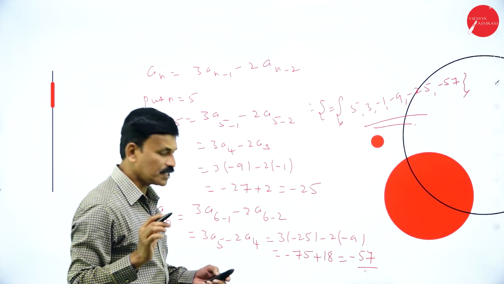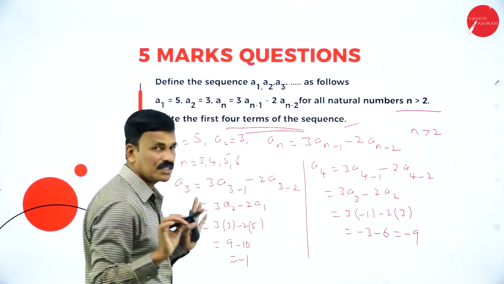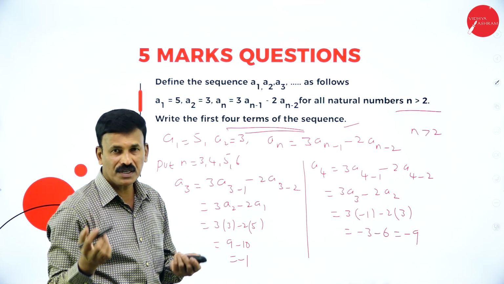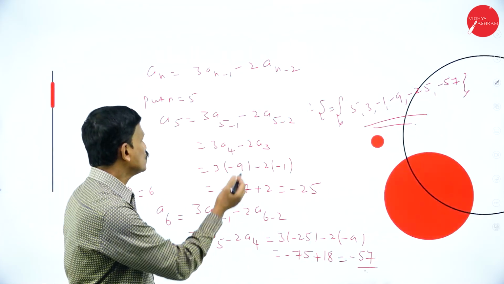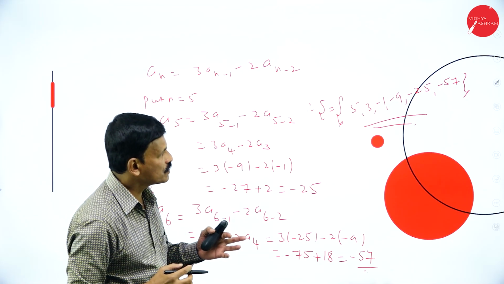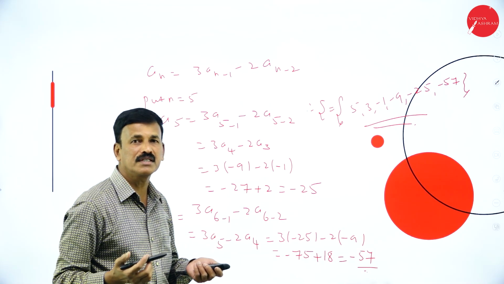The question they have asked is just to write the first 4 terms of the sequence. We want to write only the 4 terms. Suppose if they ask to write 5 terms, just write 5 terms. So these are the 4 terms, 1, 2, 3, 4: minus 1, minus 9, minus 25, and minus 57. That's it. If you do this much, definitely you will get 5 marks.